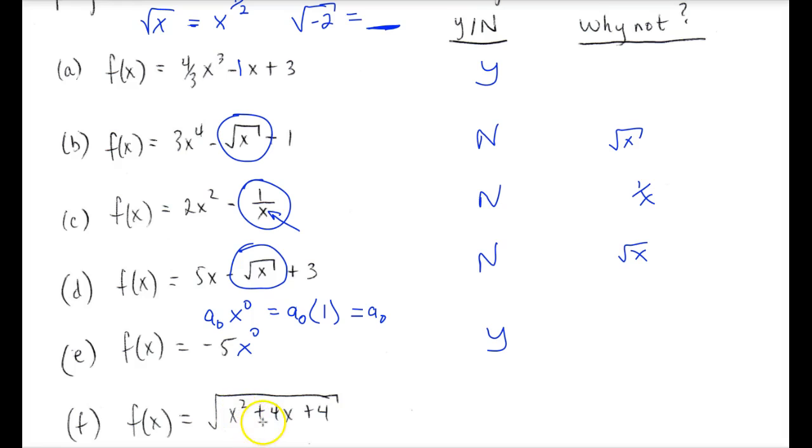And so for this last one here, notice that what is under the square root sign here is a polynomial, but this isn't necessarily a polynomial all on its own. Now, if I was to rewrite this, it would kind of look like this.